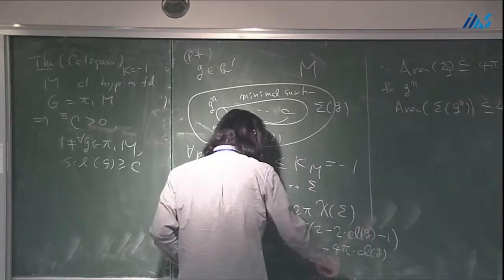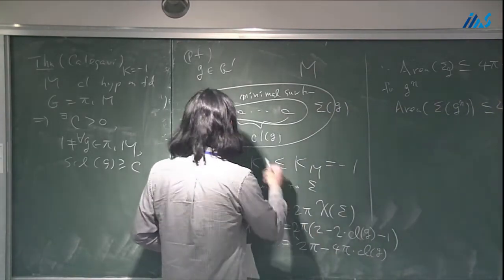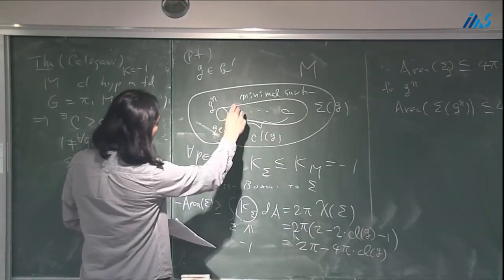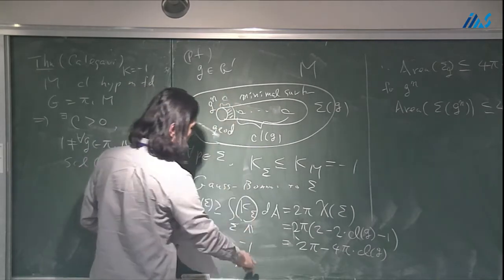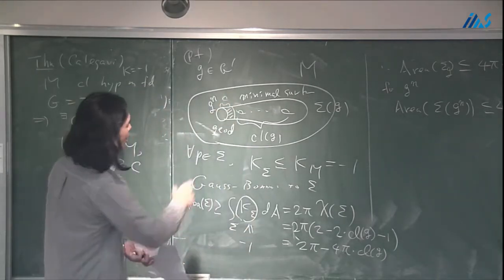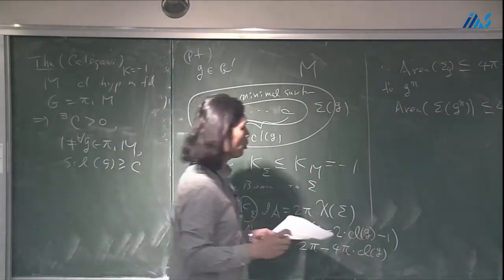So you have a geodesic boundary, and I look at a collar like this of width C on the side. It's like an annulus, so it's nearly a product.